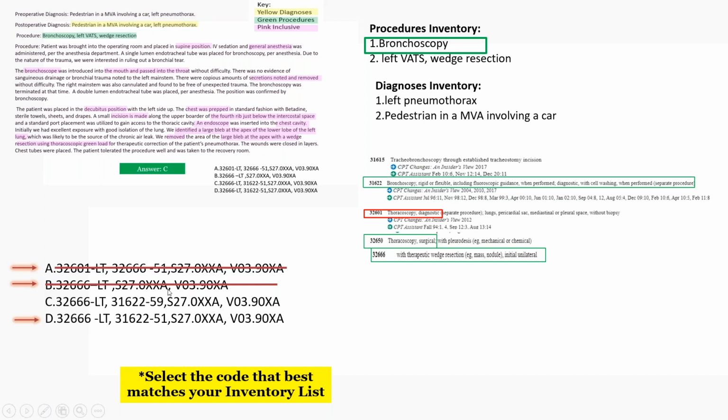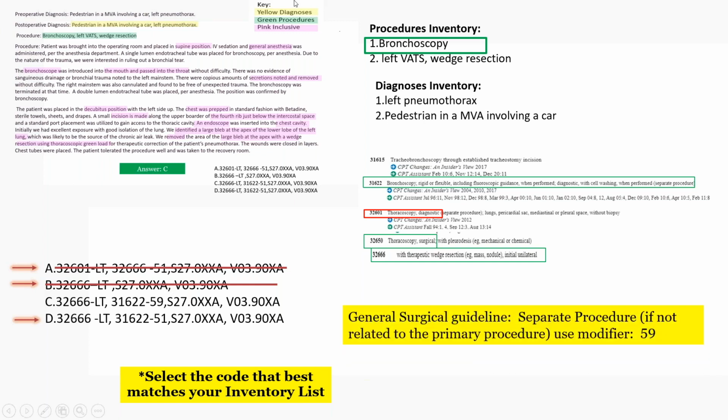And why is option C a correct one? A quick reminder, coders, you can see the code 31622 is a separate procedure. Does anything come to your mind when you see a separate procedure?